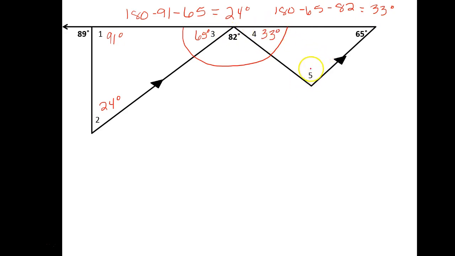All right, and so last you just find angle 5. It's like a puzzle. You feed off the previous step. This is a triangle. All three of these angles should add up to equal 180. So you would say 180 minus 65 minus 33, and that gives you 82. So angle 5 is 82 degrees.